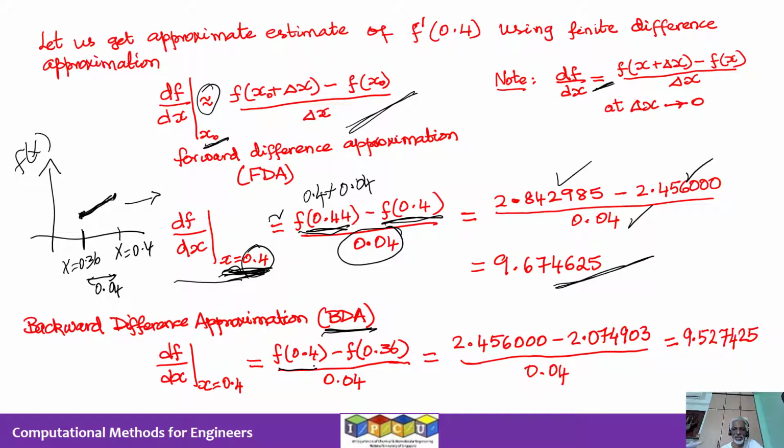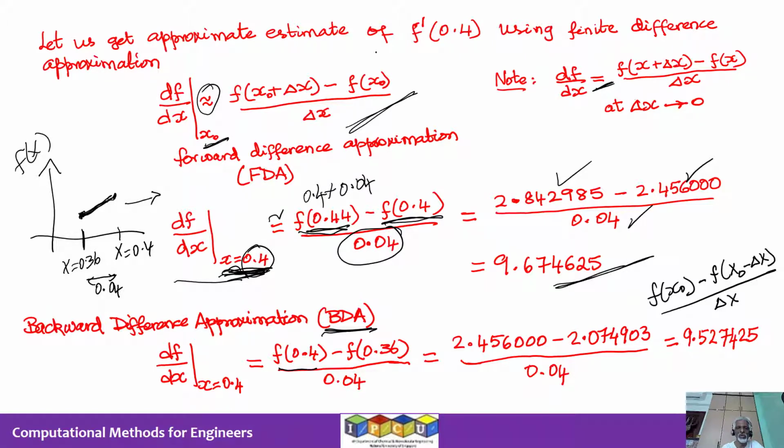All right, so the approximation is f of x naught minus f at x naught minus delta x, right? Because we are looking at the left, divided by delta x.